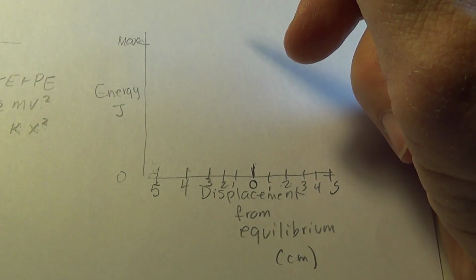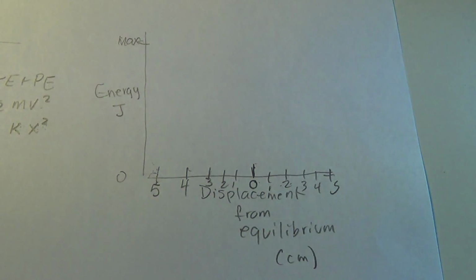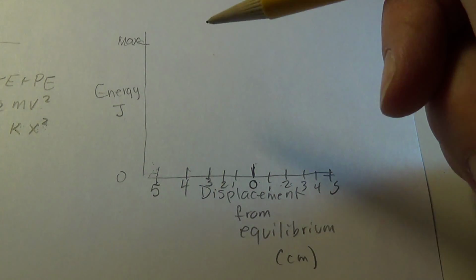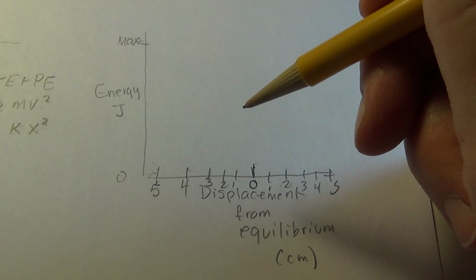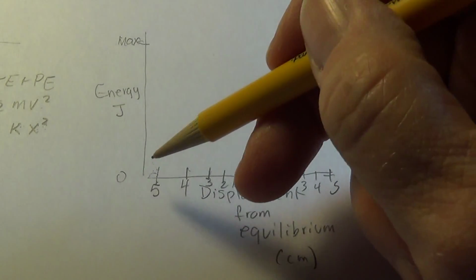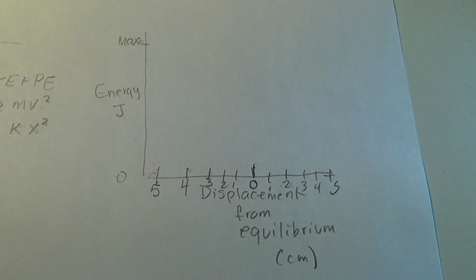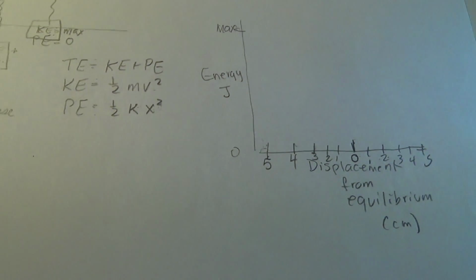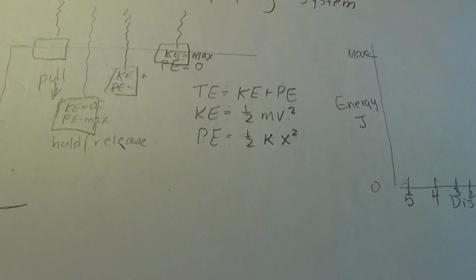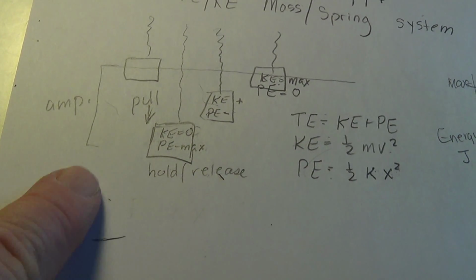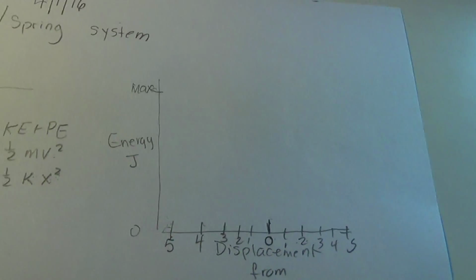So let's plot potential energy first. So potential energy, when we are at, let's say, amplitude right here, what's happening to potential energy at amplitude? At the amplitude, you'll see the potential energy was at a max.